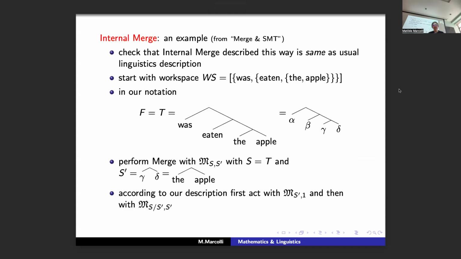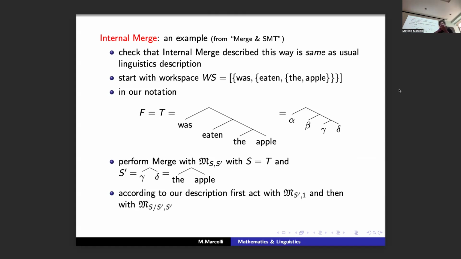Okay, so here's the same example as before, an example of internal merge. Now we have a workspace that has a single structure in it that's already formed. Internal merge is the one that's responsible for movement, for transformation of sentences.